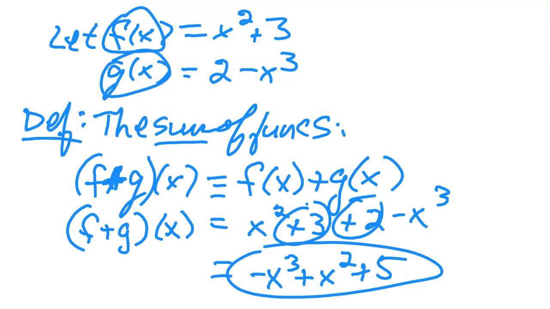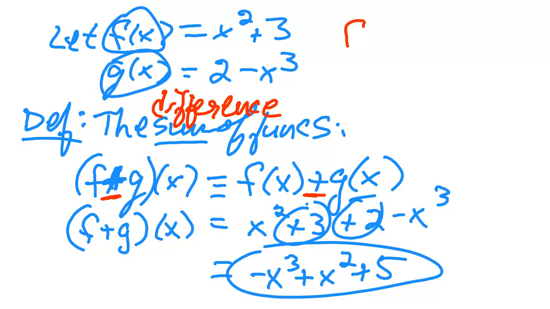So in descending order, I'm going to write down my functions just so I can keep using these three as I'm giving examples. And then we have the difference of functions. So maybe I'll just stay on this page. If I have the difference of functions, I'm going to subtract them. So f minus g evaluated at x is going to be f of x minus g of x.